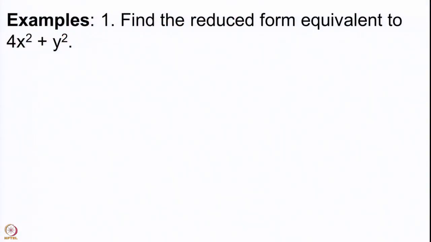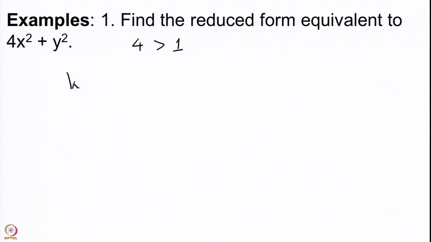This is the first example. We are given the form 4x square plus y square, and we want to find the reduced form which is equivalent to this. So, we notice here that 4 is bigger than 1. The coefficient of x square is bigger than the coefficient of y square, and therefore, we have to apply the Weil element first.